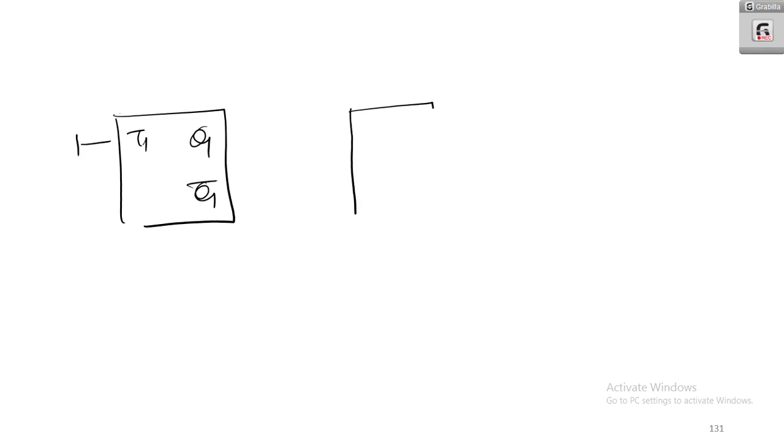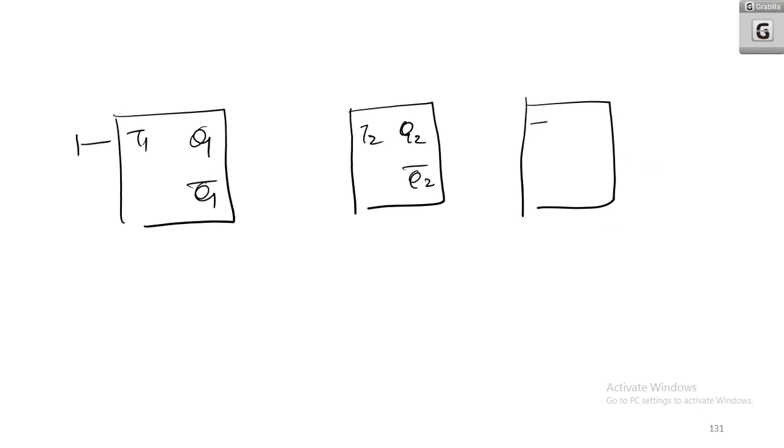So you should have T1. T1 is 1. So Q1 and Q1 bar. Now here we have T2. T2 is Q2 and Q2 bar. Then here you have T3. For T3 we have Q3 and Q3 bar.